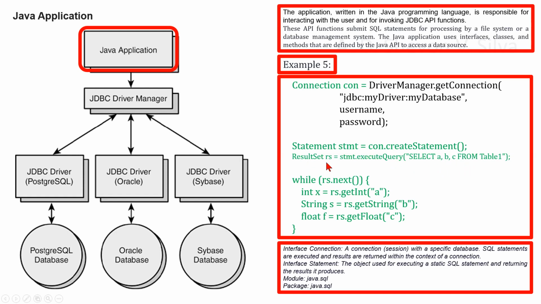Here the result set interface, a table of data representing a database result set, which is usually generated by executing a statement that queries the database.